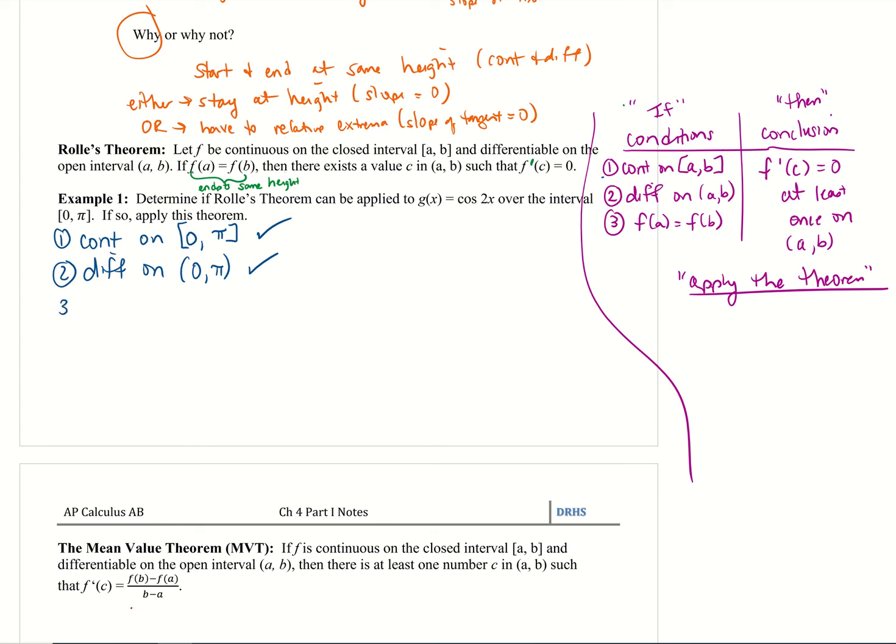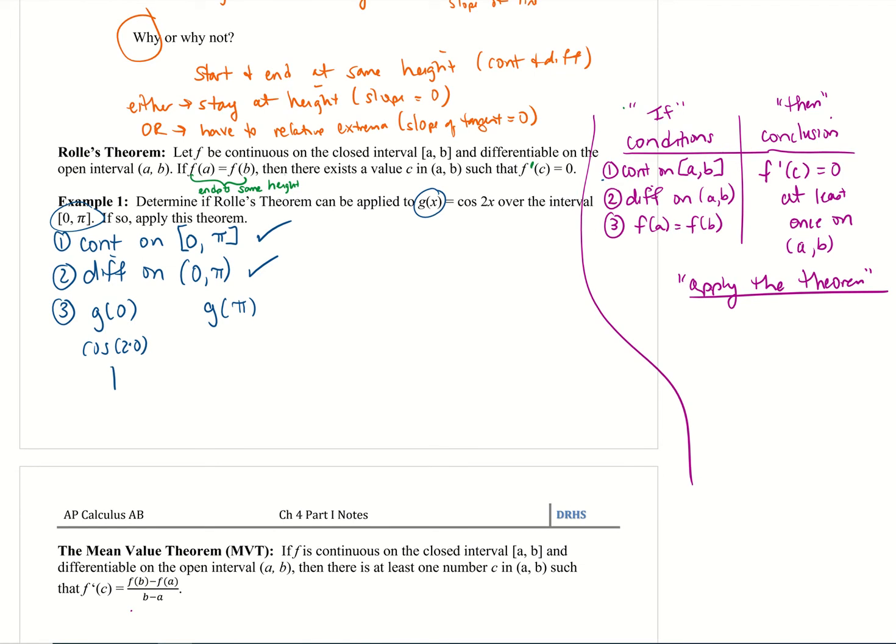All right, the third one. We want to explore the heights of the endpoints. One endpoint is going to come from g of 0. Notice I'm using g and not f this time. And g of pi. These are the endpoints here, and I'm going to just solve them. This would be the cosine of 2 times 0, or the cosine of 0, which is 1.